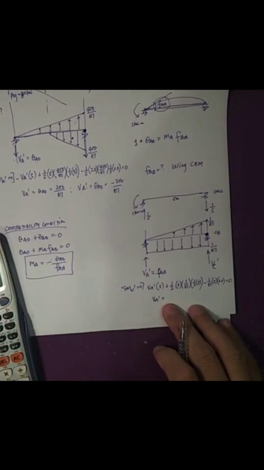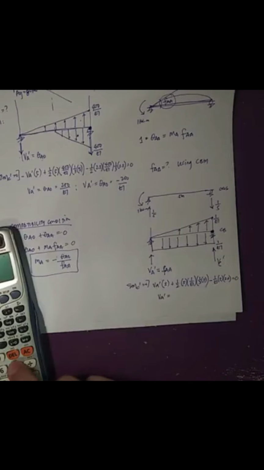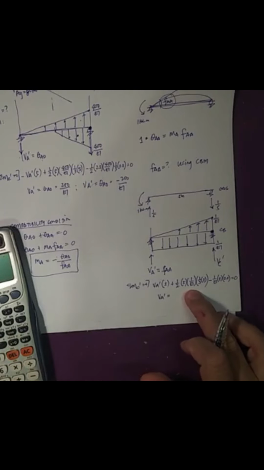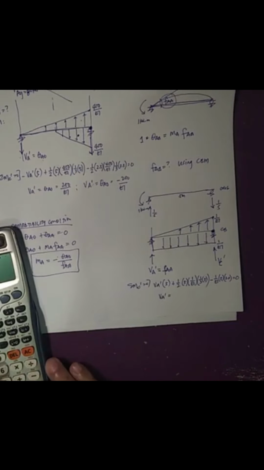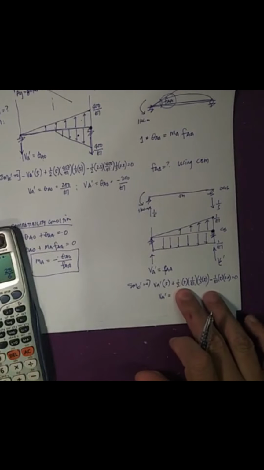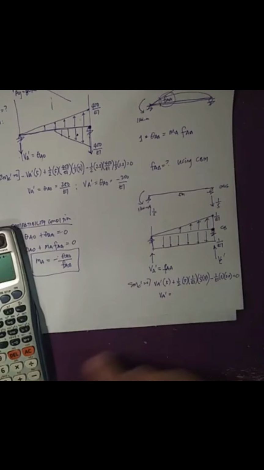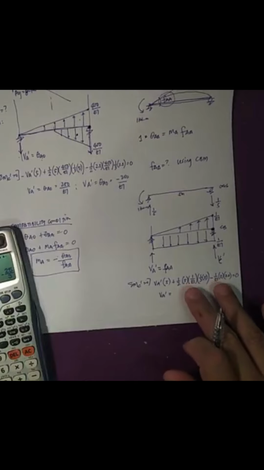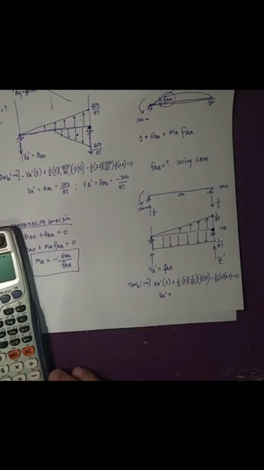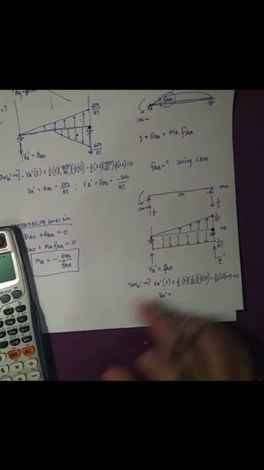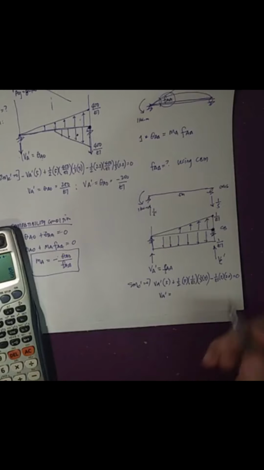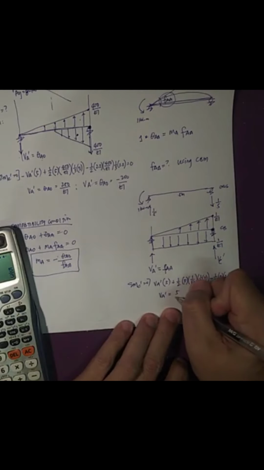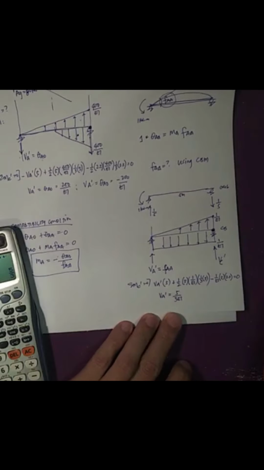what would be the answer? It would be 0.5 times 5 times 5 over 3, then minus 5 times 2.5. Then you transfer it to the right side, so that would be positive, then divided by 5, so I have 5/3 over EI.